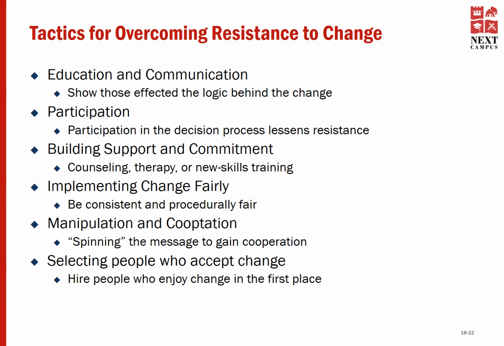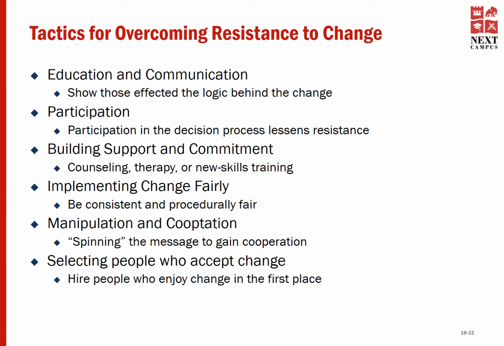When managers face resistance to change, there are some useful tactics they can utilize to help people overcome it. These tactics include education and communication, getting people to participate in the process, and building support and commitment.